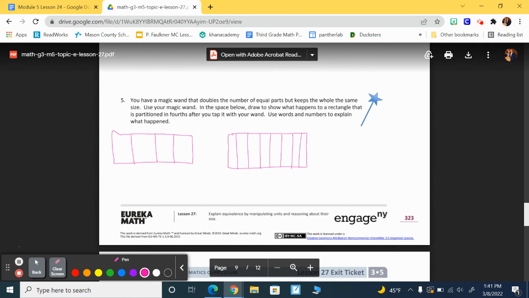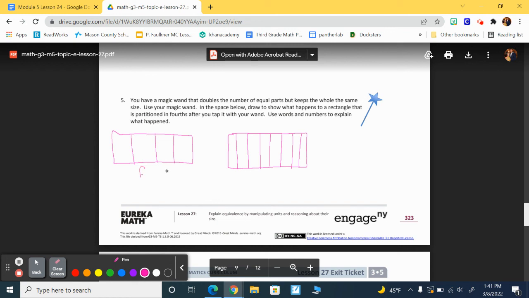All right, on number 5, it talks about having a magic wand that doubles the number of equal parts but keeps the whole the same size. Use your magic wand in the space below to draw and show what happens to a rectangle that is partitioned in fourths after you tap it with your wand. Use words and numbers to explain what happened.